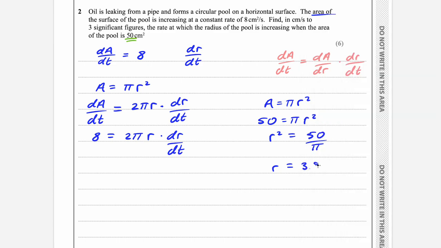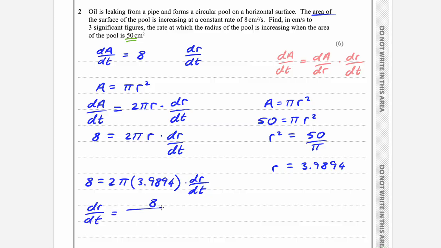3.9894. Okay, that means I can then say 8 is equal to 2 pi times 3.9894 times dr/dt. dr/dt is therefore 8 divided by this. So dr/dt is equal to 8 over 2 times pi times 3.9894.